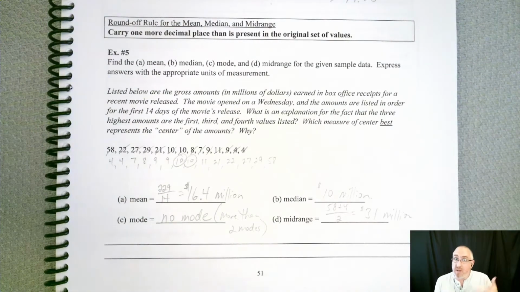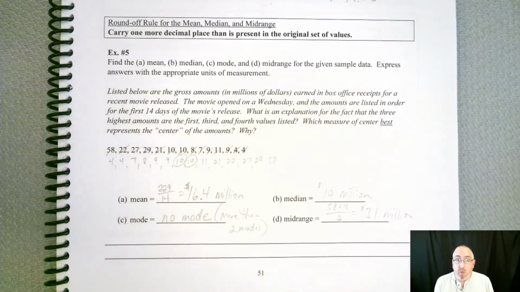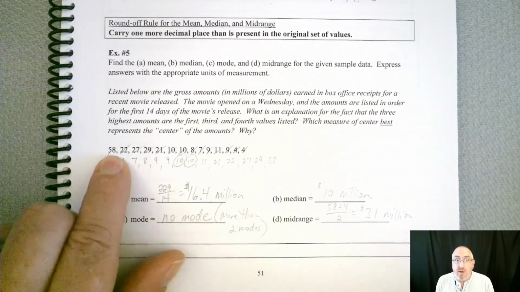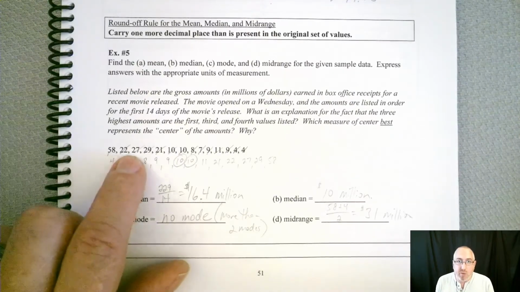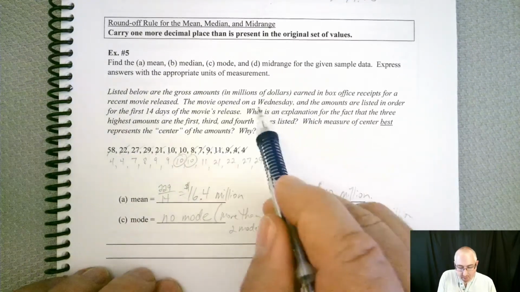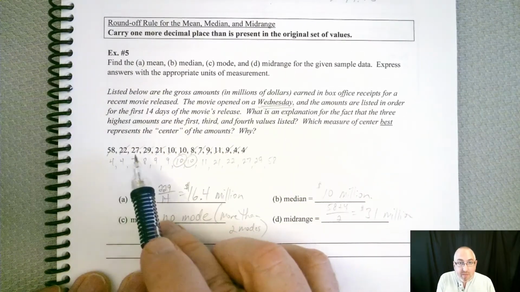So now you have to take into account the context of the question. What are all these numbers referring to? They're the box office earnings, box office receipts from a movie recently released. Well, hopefully the day it opens is going to kick butt as far as the sales. So that's the first day. So that's why that's big. But why does it skip the next one and go to the third? When did it open? Opened on a Wednesday. So Wednesday, Thursday, Friday.